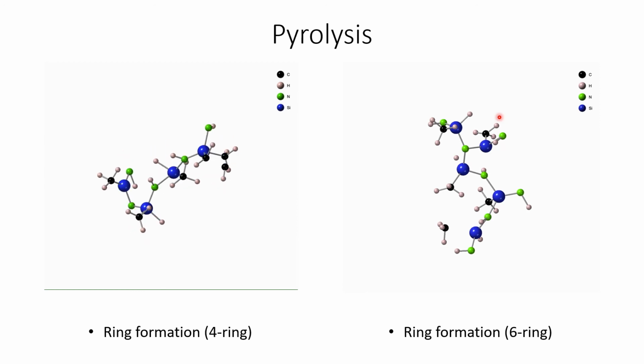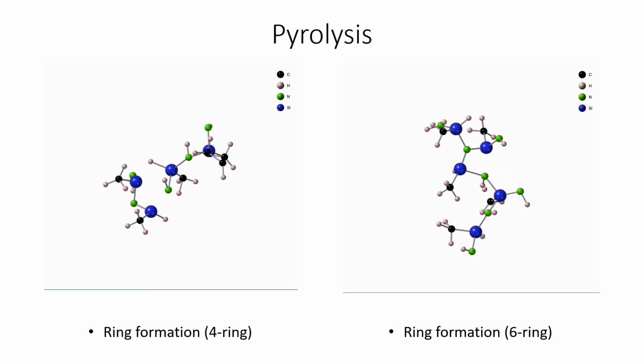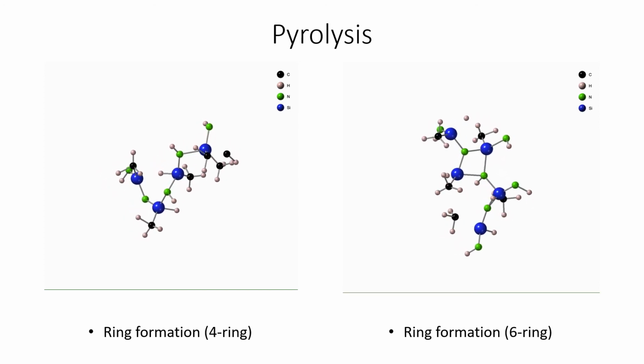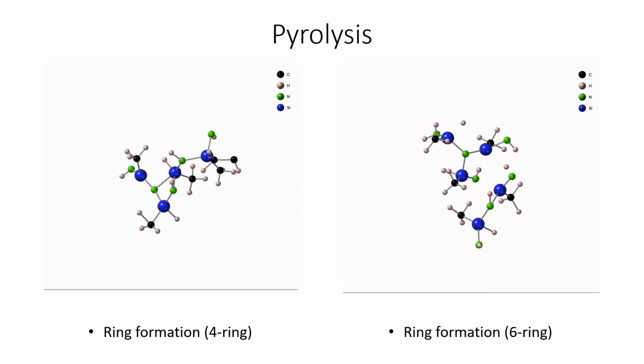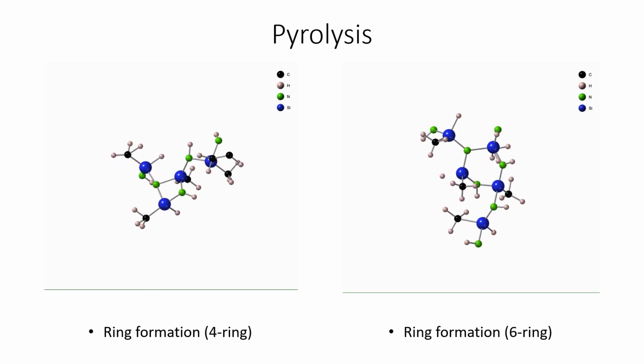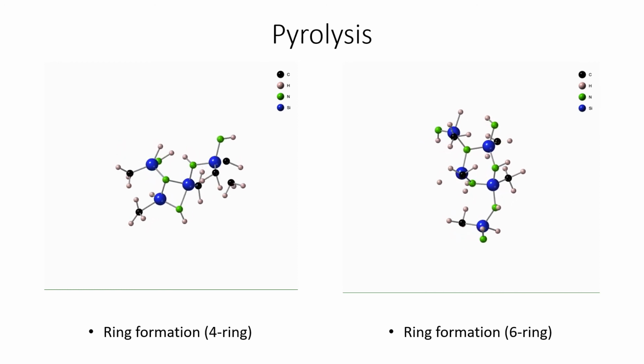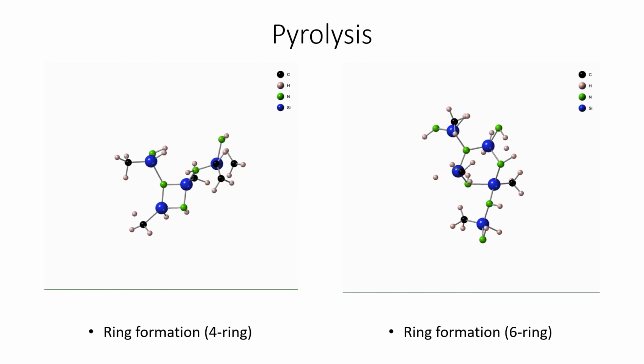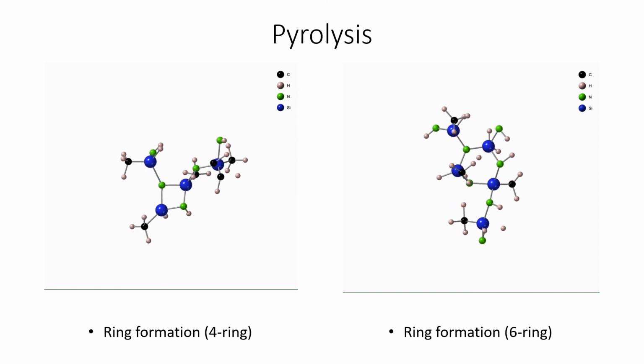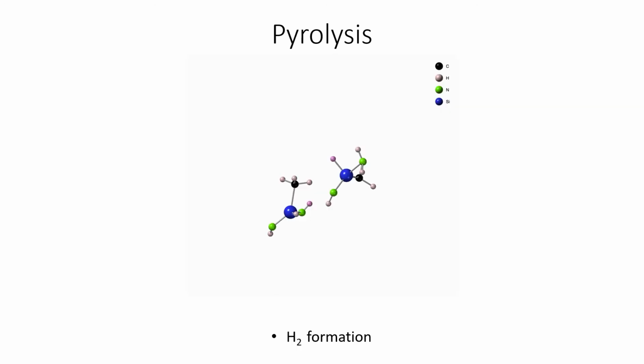This next reaction shows the formation of a six-membered ring where this original four-membered ring that was shown here will break apart, and this nitrogen will then bond with this silicon atom here. This last reaction here shows the formation of H2, where this hydrogen here will interact with this hydrogen here.